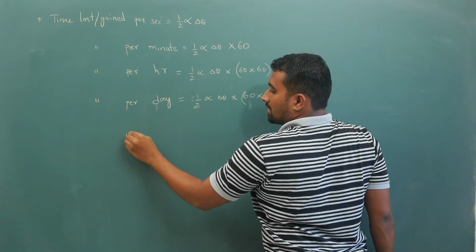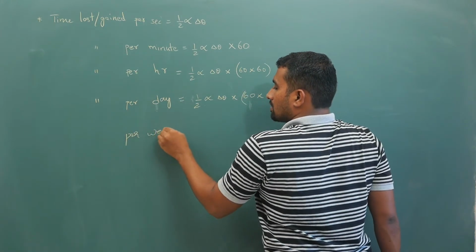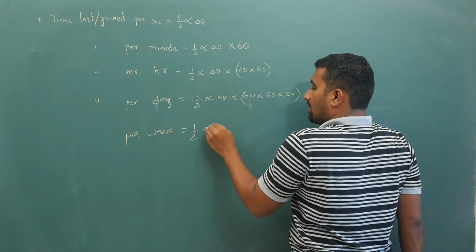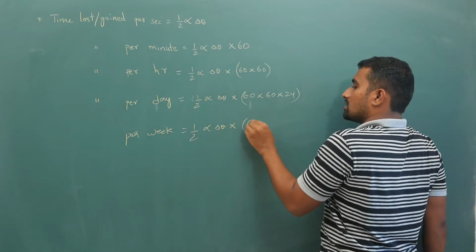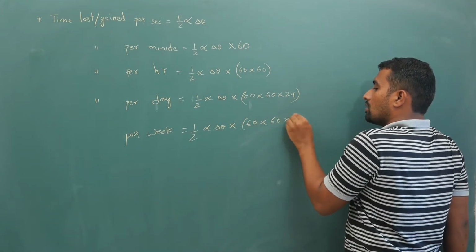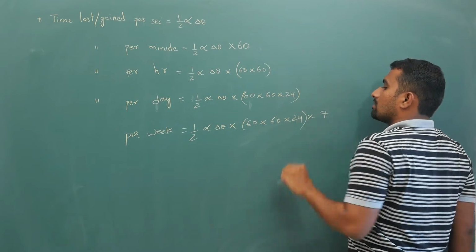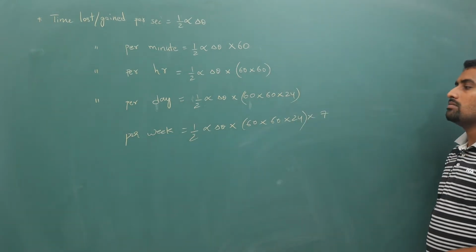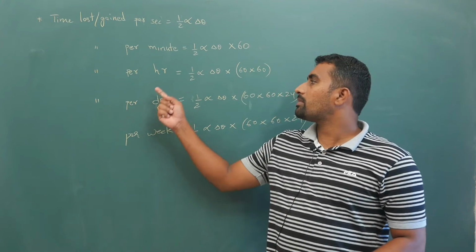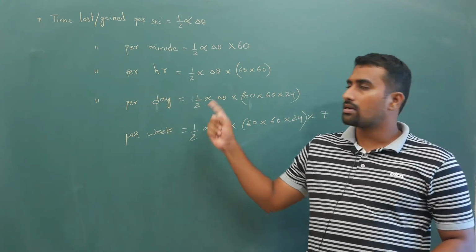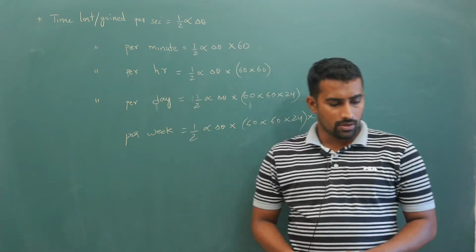If it is asked per week, it is half alpha delta theta into 60 into 60 into 24 into 7. So you have to calculate time lost or gained per second, per minute, per hour, per day, per week like this in the problems as well.